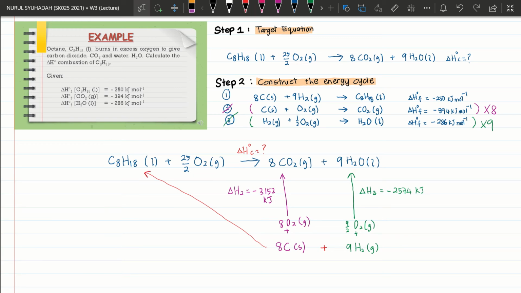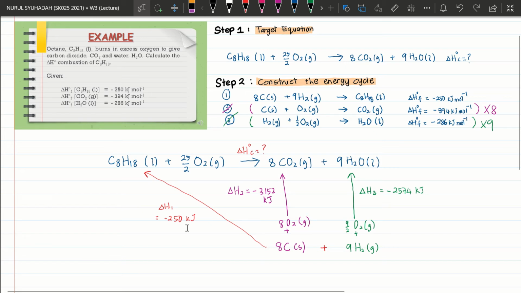Since we did not reverse the equation and did not times the equation by anything, you can just write delta H1 equals negative 250 kilojoule. Even though you did not do anything, please do not put kilojoule per mole. Inside the cycle, the only unit you need to put is kilojoule.